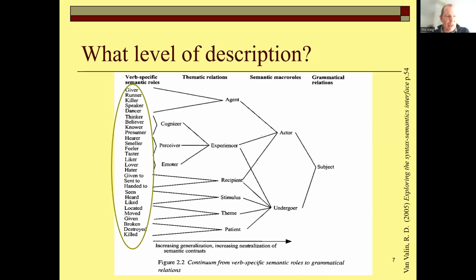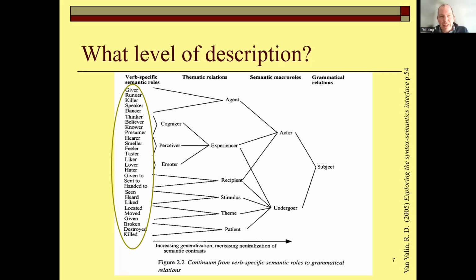And on this diagram, those are over here on the left-hand side. So when it said Phil gave some flowers to Kate in a vase, we could just say that Phil is the giver in the previous example. That could perhaps be helpful, but it's not really telling us much more than the verb itself says. Do givers act in some way like other semantic entities, other semantic roles?